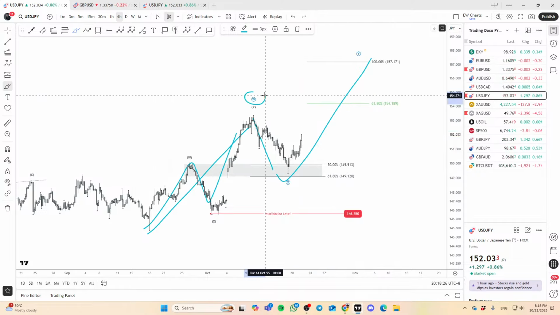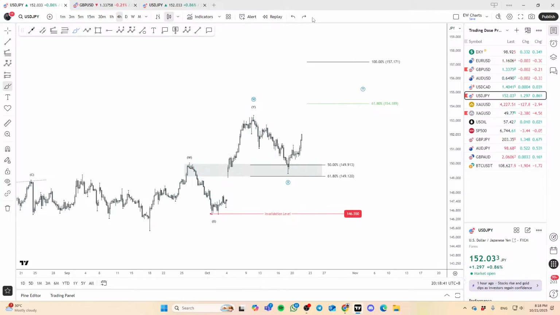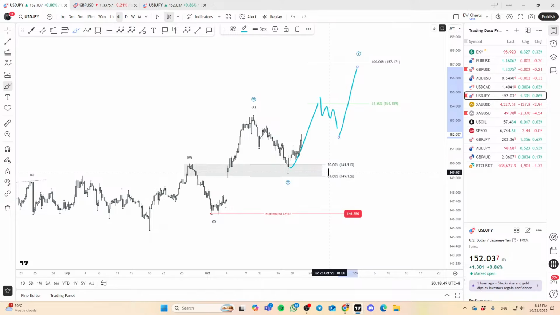So in terms of the blue count, right, you can see the measurement of 1:1 would bring us towards the 157.17 area. And of course, in the internal aspect of things, you have the black count, which is the internal, and then you have the blue count, which is the external. So in the internal, okay, usually we'll also expect 1, 2, 3, right?